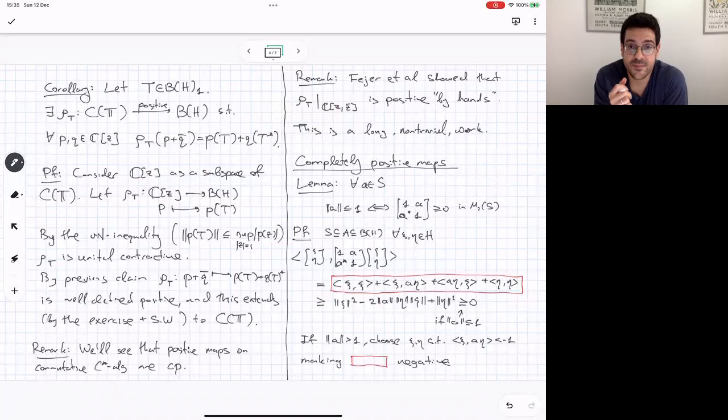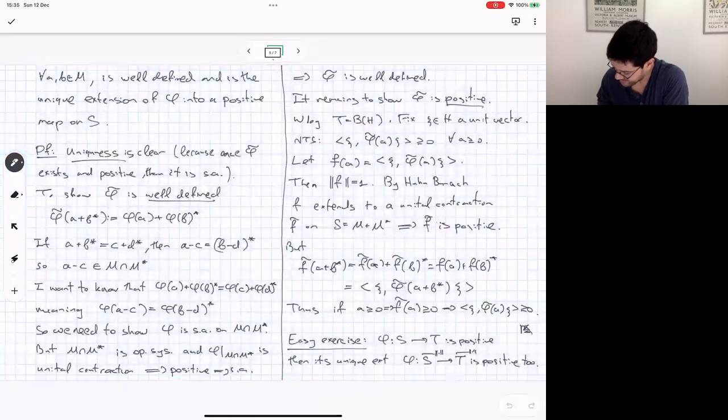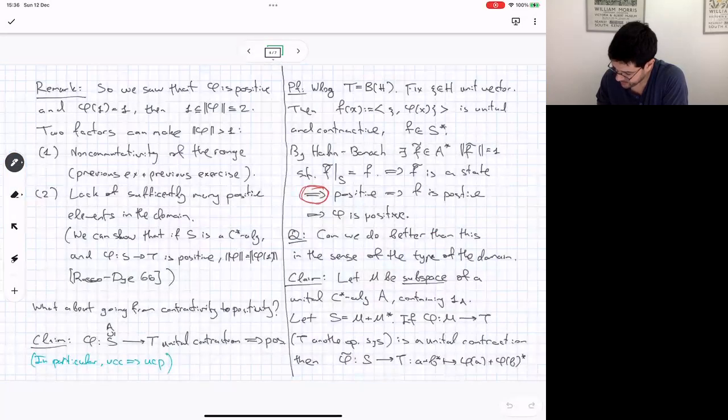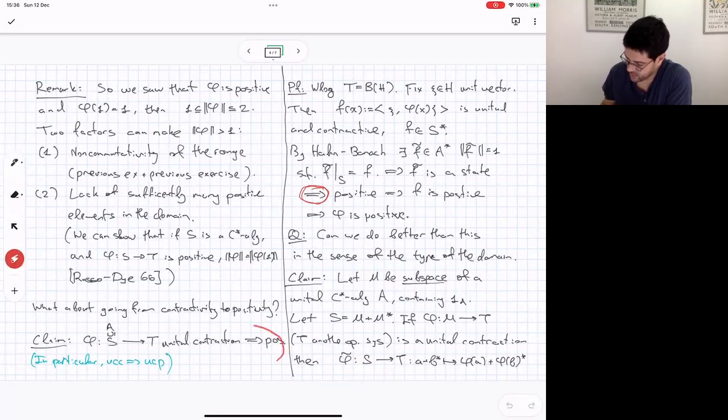Do you see it? Again, we know from the previous discussion, on page 4, we showed, and it was easy for us, although we used this tricky thing we knew about the GNS, that if you are a unital contraction, then you are positive.